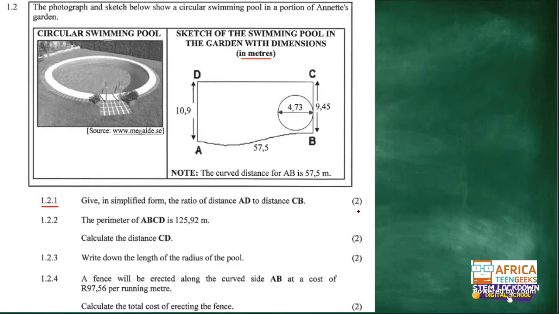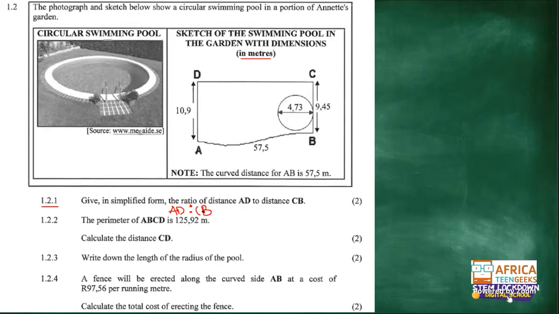Now, first of all, when they say ratio, they actually mean this symbol for this operation. Basically, this is a colon which represents a ratio. The distance AD is to the distance of CB.